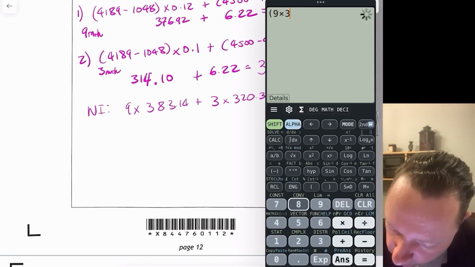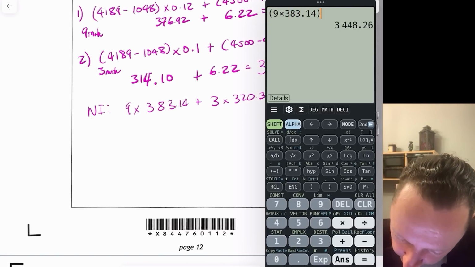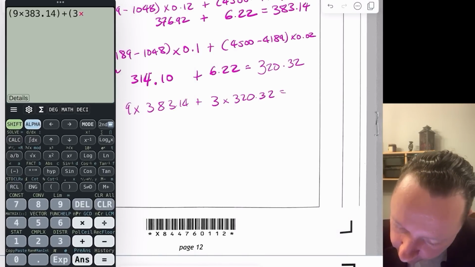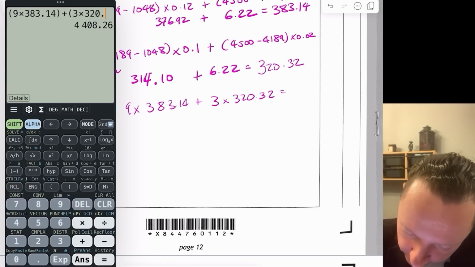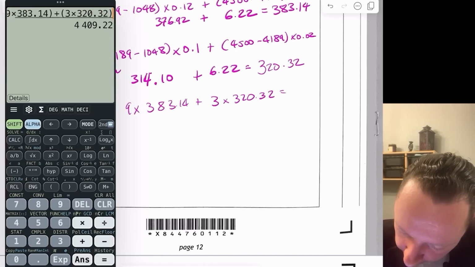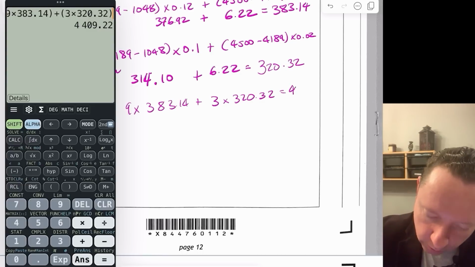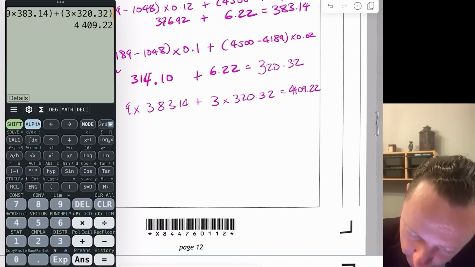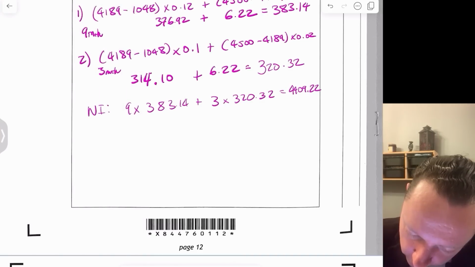Just check your sums. 383.14 times 9,320 times 3 is 4409. So now with the calculator's net, remember, net annual salary.